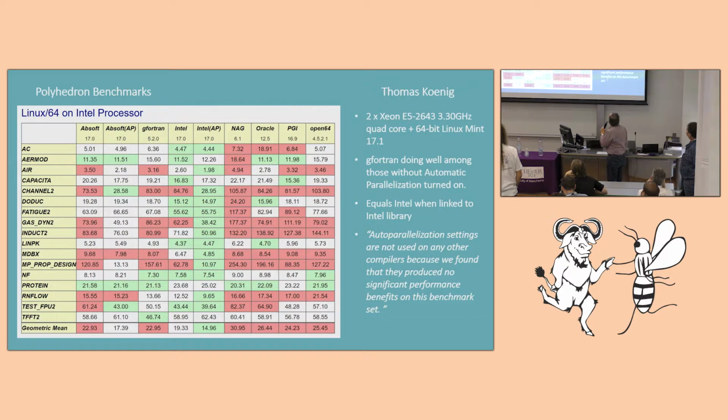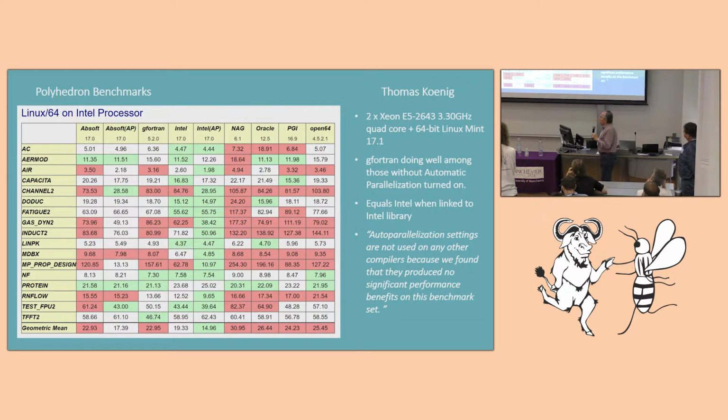There's an interesting remark from the polyhedron people themselves, which is that auto-parallelization settings are not used on any other compilers than the Absoft and Intel, because we found they produce no significant performance benefits in this benchmark set. So there's clearly something that we could be doing there as well.